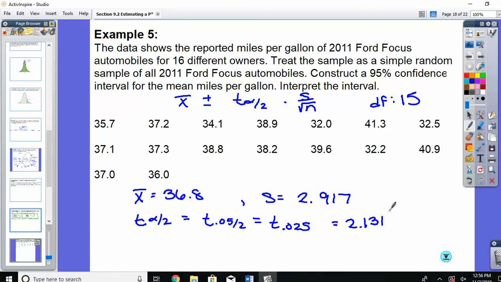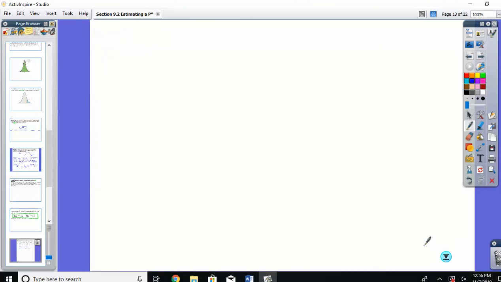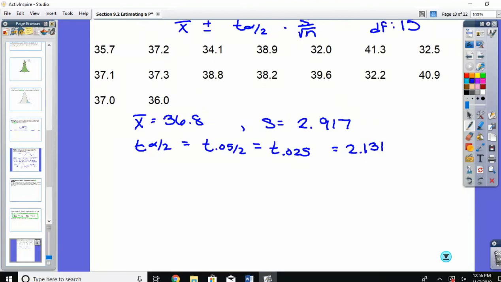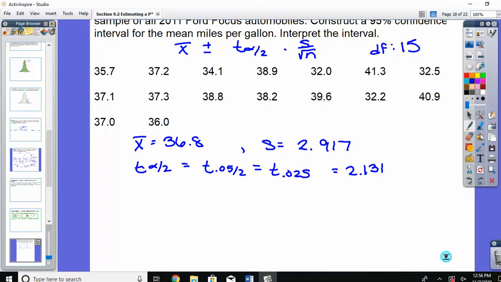So now we are ready to make our confidence interval. So now we do X bar. So 36.8 plus or minus the 2.131 times S, 2.917, over the square root of n, and n was 16 here.